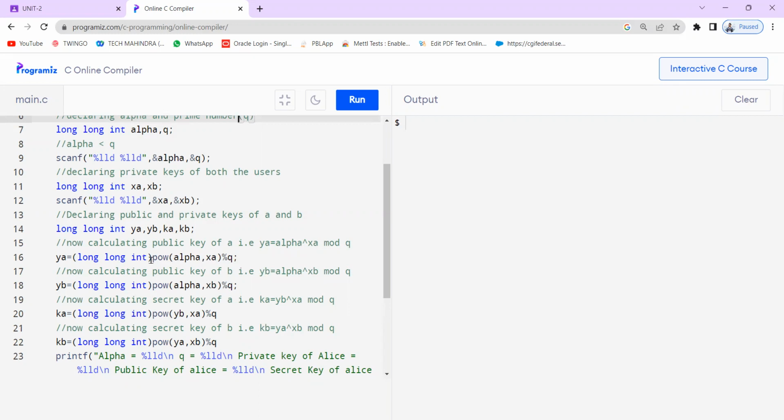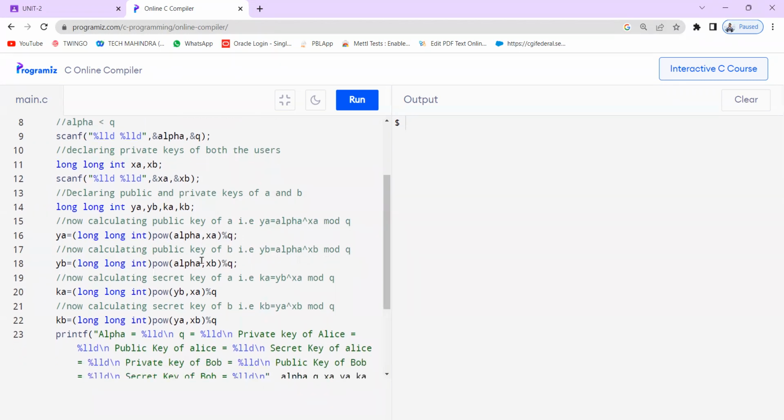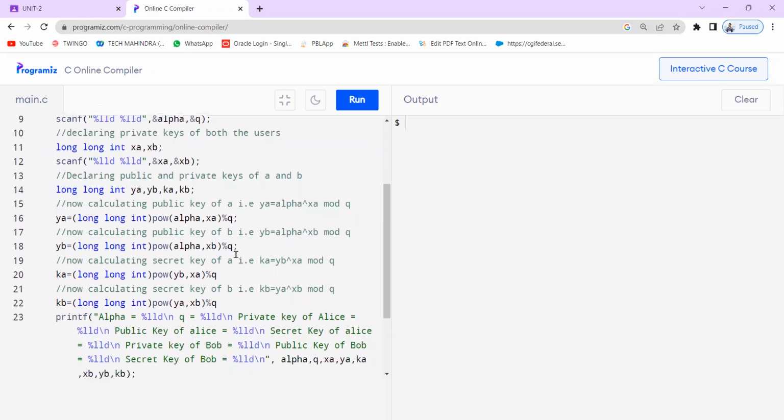So by this line we get the public key. Then we calculate the public key of b, that is yb is equal to alpha power xb mod q. Here also we take long int power alpha comma xb. In the power function, we give two elements, alpha comma xb, that means alpha to the power xb, which gives the value of the public key of b.